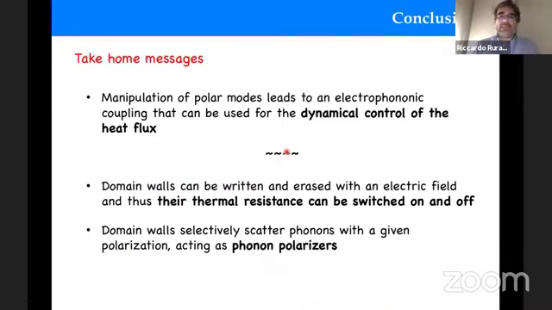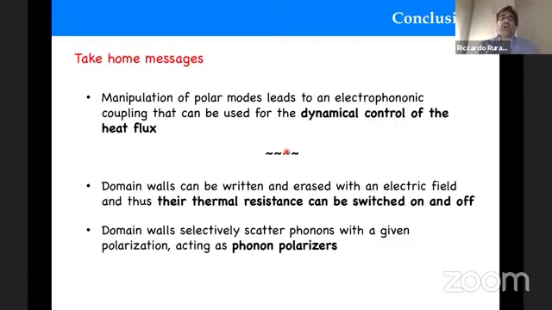So I guess that I'm heading towards the conclusion. Perhaps the main take-home message is that you can manipulate polar modes, and you can use this manipulation to have a coupling between the lattice and phonons, electric field and phonons, and you can use this for the dynamical control of the heat flux.